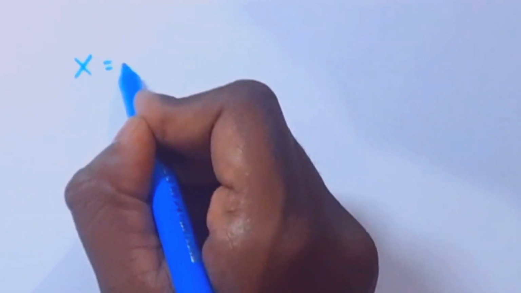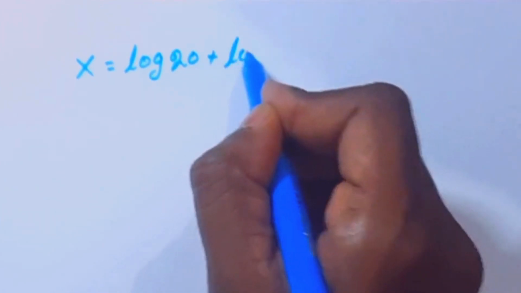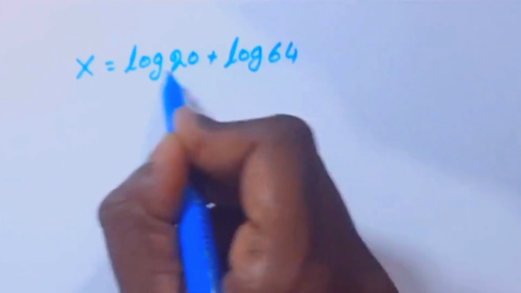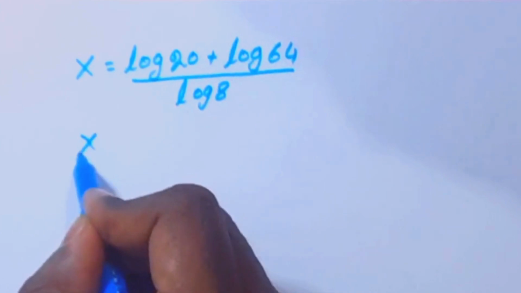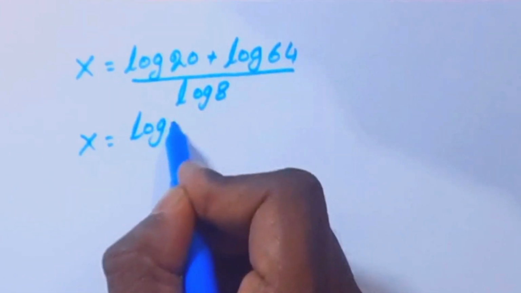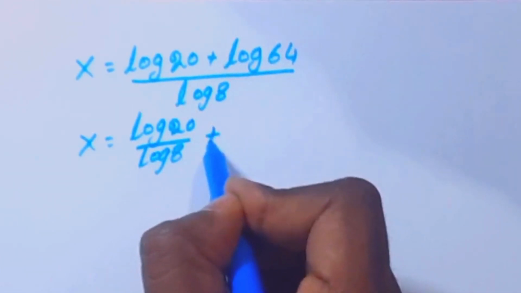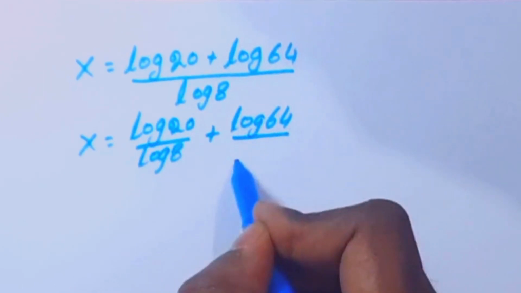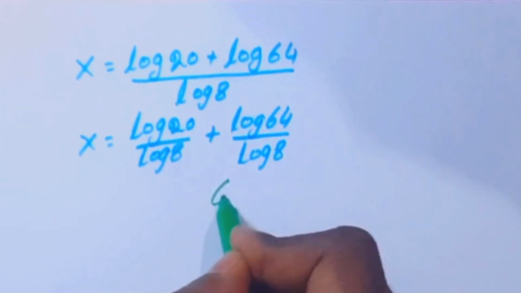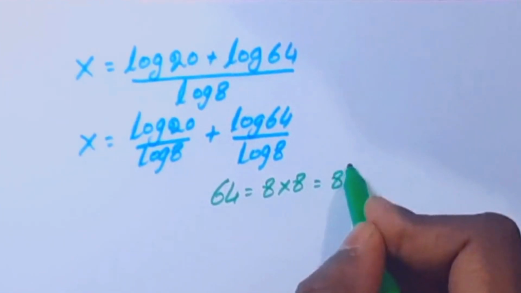So we'll get x equal to log 20 plus log 64 by log 8. Now x equal to this log 20 by this log 8 plus this log 64 by log 8. 64 can be written as 8 times 8 equal to 8 square.